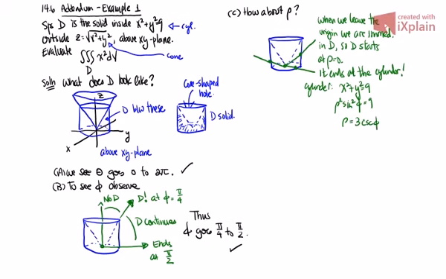So that is our outer function, our far function, if you like. So we can therefore say that rho goes from 0 to 3 cosecant phi.